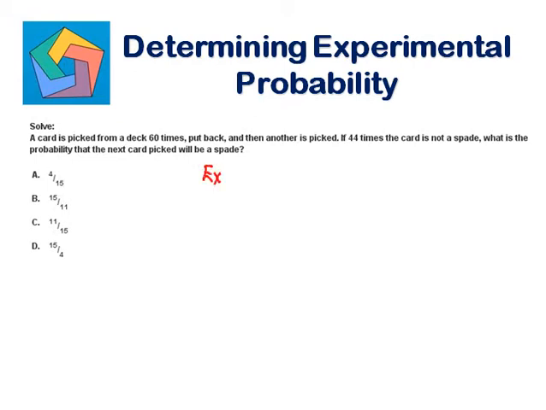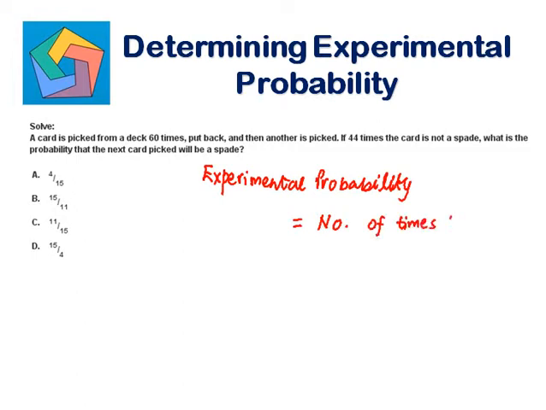Experimental probability is given by the number of times the event has occurred divided by the total number of trials.